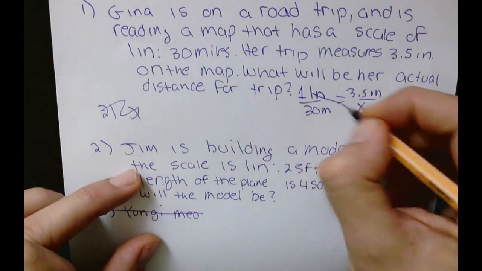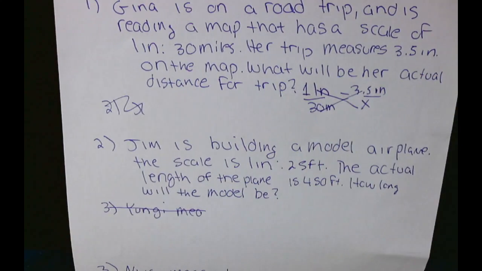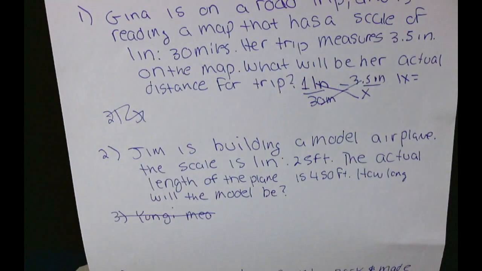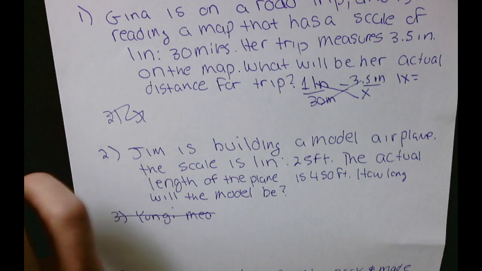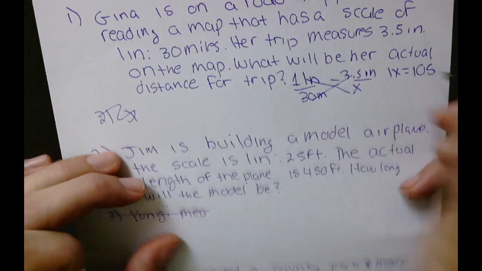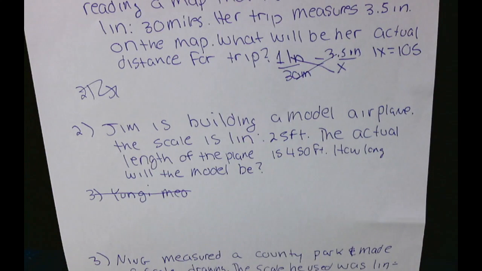Next, I'll multiply both sides by 1 to get 1x is equal to. Although I may spend a little time in the wilderness, I'm going to do this real quick in my head. I'll get 105. So 1x is 105.